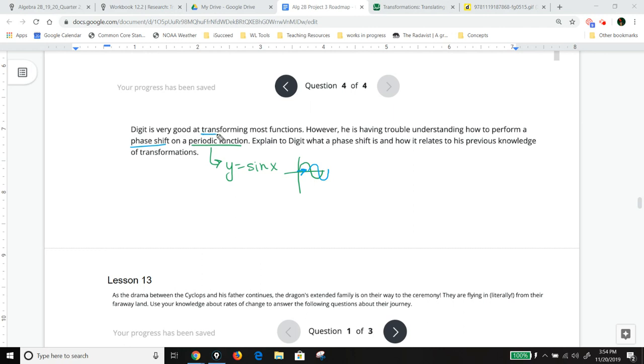She's comfortable with the vocabulary of transformations: translation, dilation, reflection. But now she just wants to apply that understanding as a phase shift. We're just using the word phase because we're taking this phase, also known as a period, and then shifting it left or right.